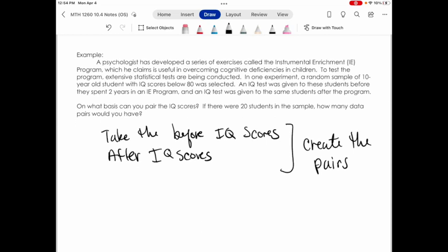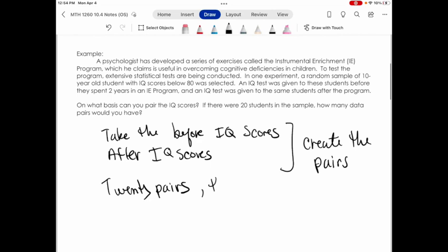Now, if there were 20 students in the sample, how many data pairs would you have? We would have 20 pairs because we have 20 students and they each have 2 values that are paired up, and there would be 40 IQ scores in total.